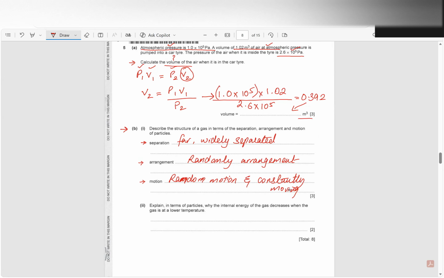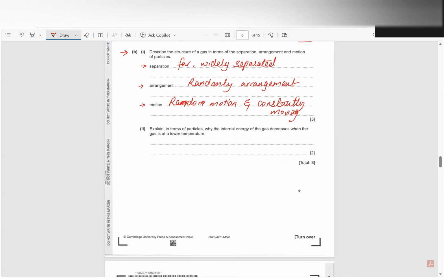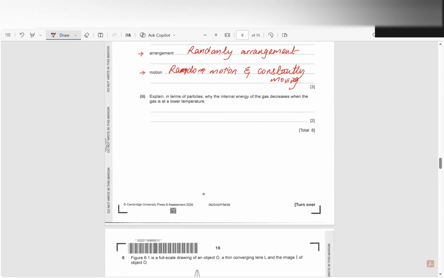Moving on. Next part says, explain in terms of the particles why the internal energy of the gas decreases when the gas is at lower temperature. Fair enough. So we've been asked to explain in terms of particles why the internal energy of gas decreases when gas is at lower temperature.